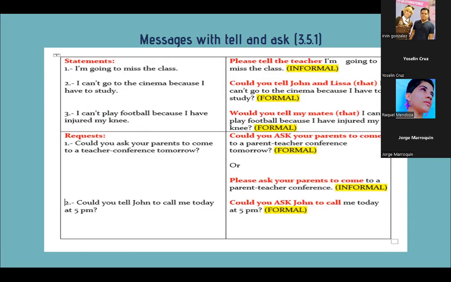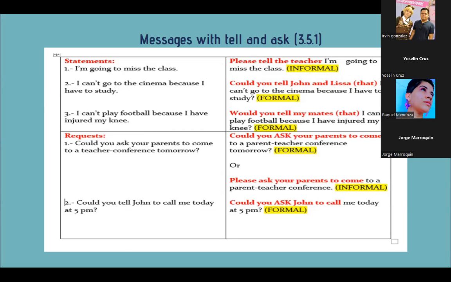Please read request number 1. Could you ask your parents to come to a parent teacher conference tomorrow? Very good. The message: could you ask your parents to come to a parent teacher conference tomorrow?